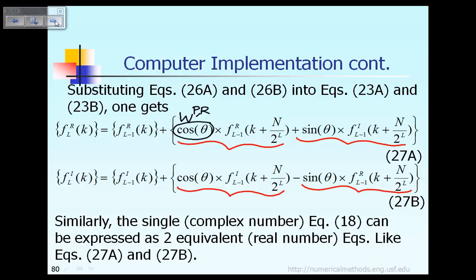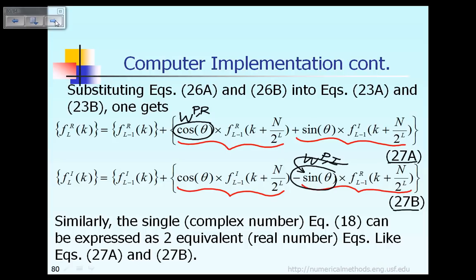And then previously what we have here is W raised to P comma capital I. Now we say that is the same thing as negative sine theta. So now we have the same previous two equations, now called equation 27a and 27b.